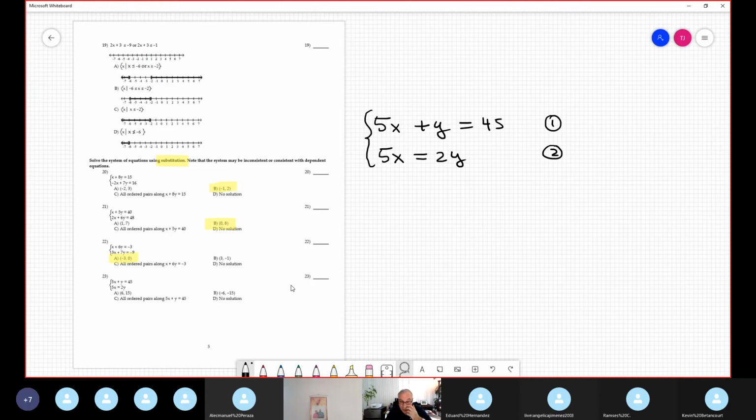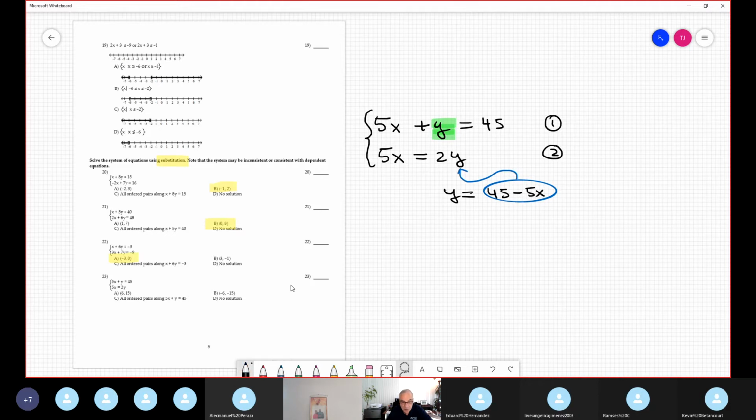But it's not necessary, because I detect that y is here when the coefficient is 1, so you solve for y. y alone is 45 minus 5x. And now you substitute this expression for y in the other equation.